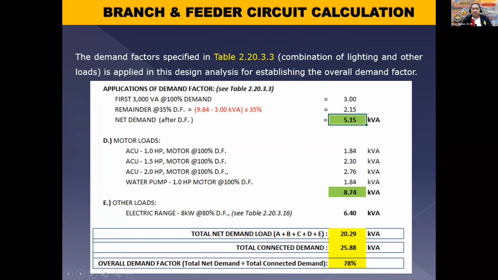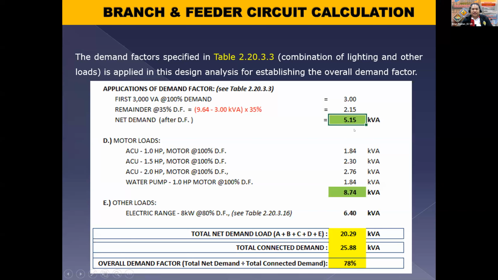So 9.64 minus 3 kVA, and the result we multiply by 35% because this is the remainder. How much is that? Just 2.15 kVA. So 3 plus 2.15, after application of the demand factor is 5.15 kVA.